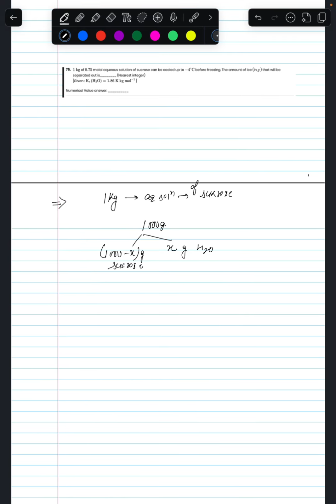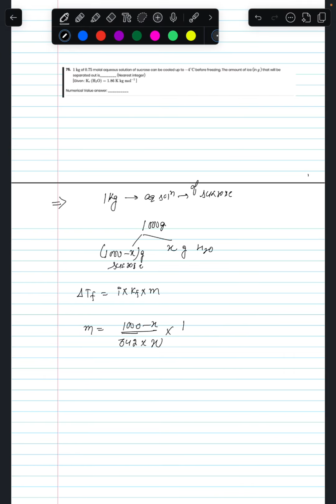As we know, delta Tf is equal to i into Kf into molality. Now calculate the molality. We have to check how much solvent is present. Molality is the number of moles of solute, that is (1000 minus x) divided by the molecular mass of sucrose, 342, into the weight of solvent, that is x, which we have to calculate.